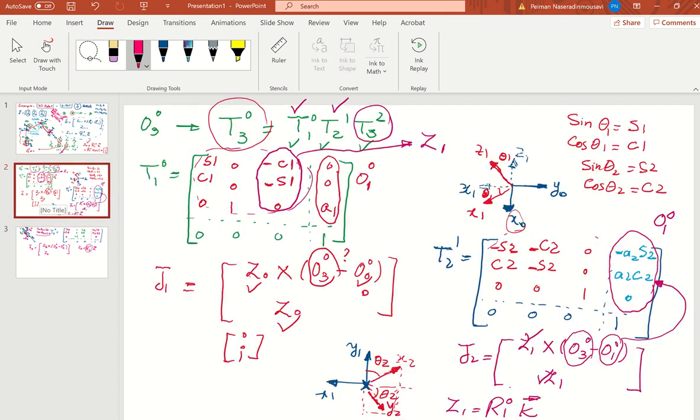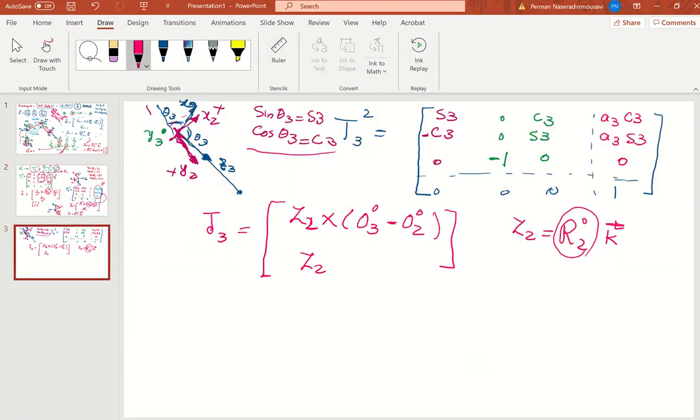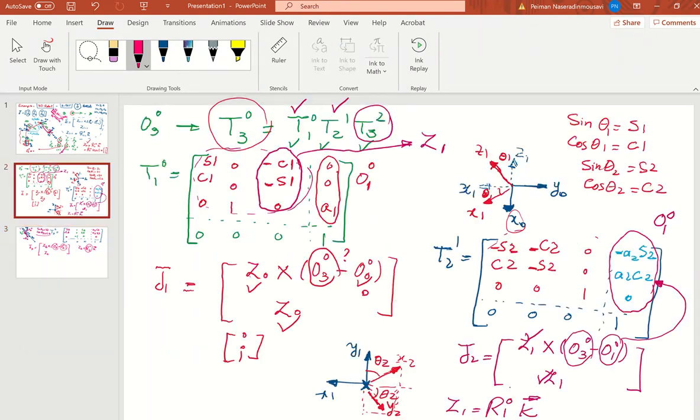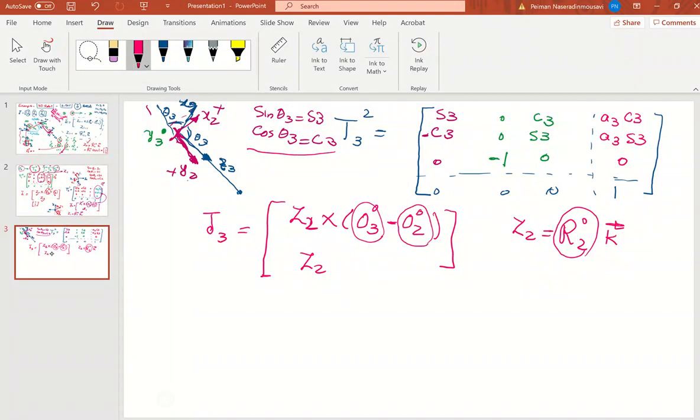We have to calculate that. But O3 with respect to 0, we're going to calculate that. O2 with respect to 0, we're going to calculate that. Now, how? First, you have to calculate this. We have to calculate this to find O3 with respect to 0. Let us do that.